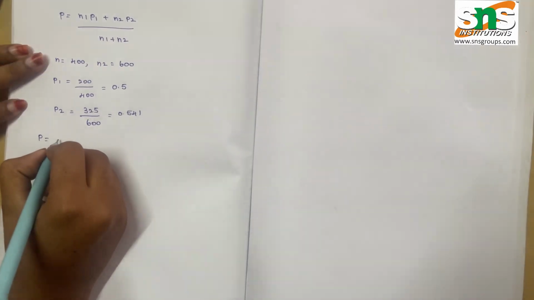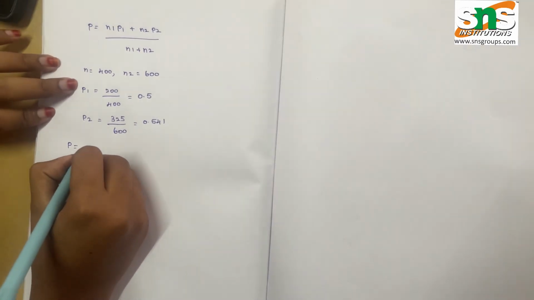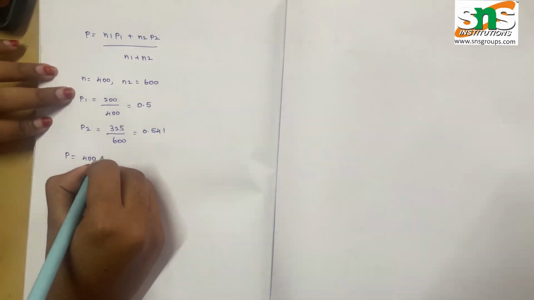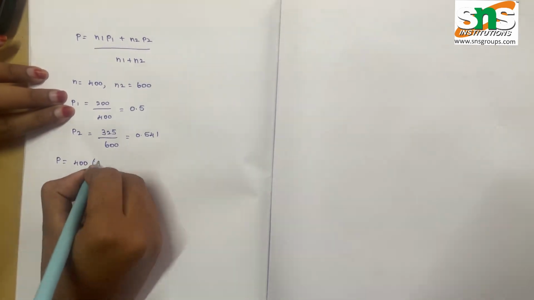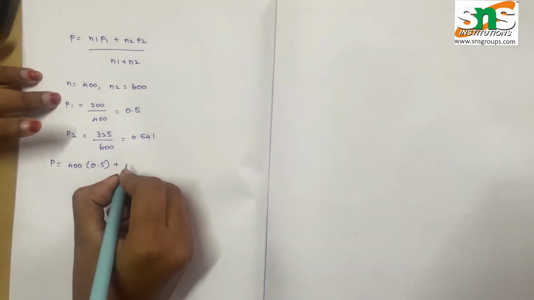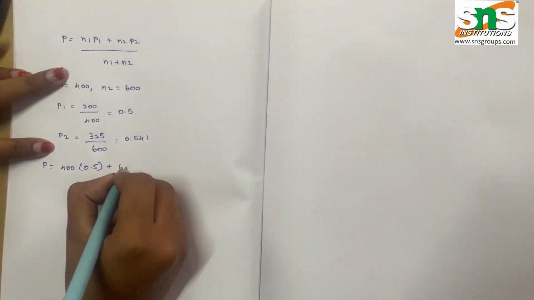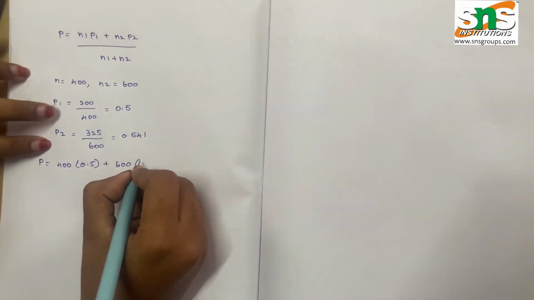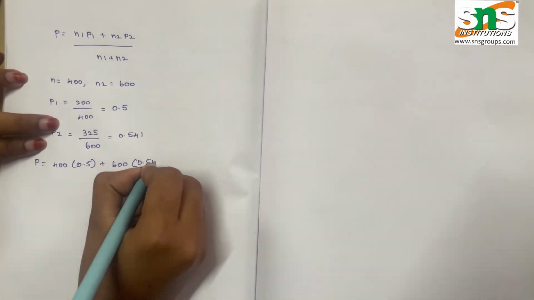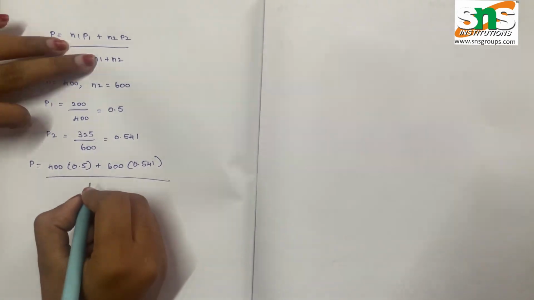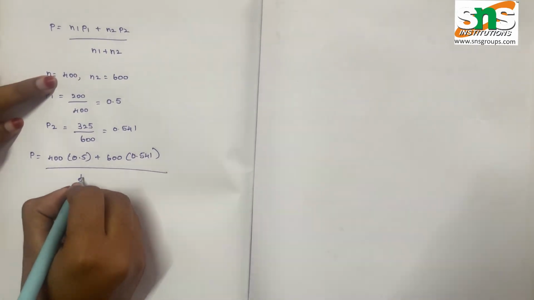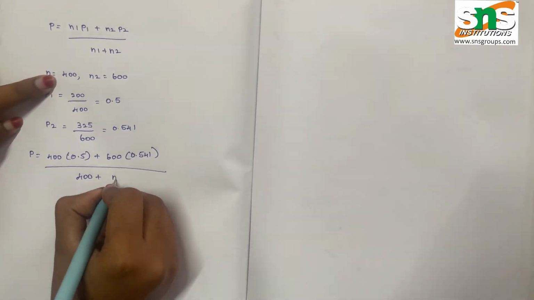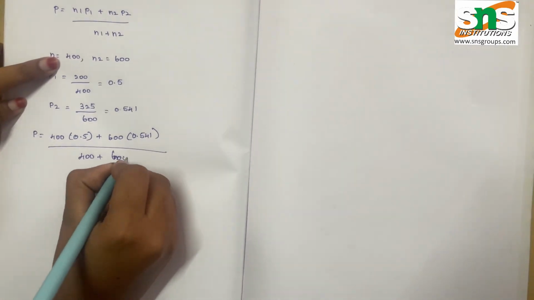Now we substitute this into the formula: n1, 400, into P1, 0.5, plus n2, 600, into P2, 0.541, divided by n1 plus n2, 400 plus 600.